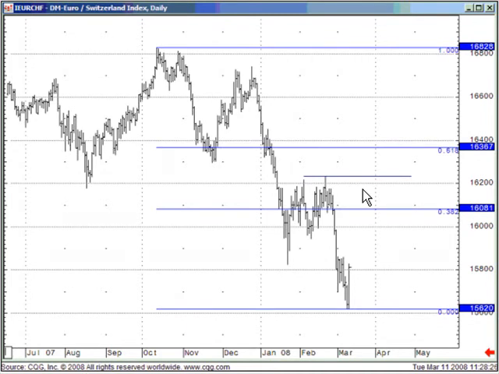If we saw that pattern, a 3-wave bounce, into the Fibbo area, into the upper end of the previous 4th wave, in 3 waves, and the market started to stall and turn down, we could conclude that it's likely a corrective move.